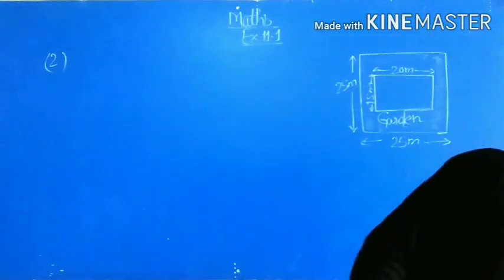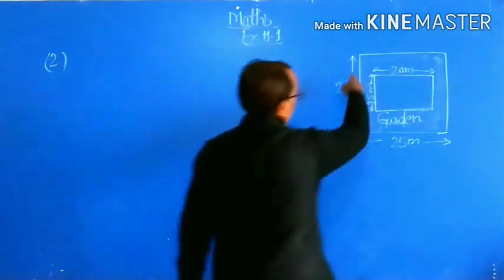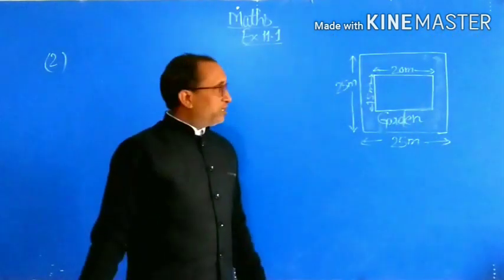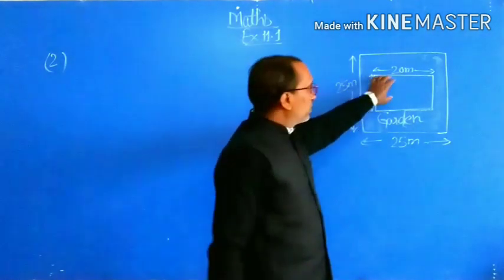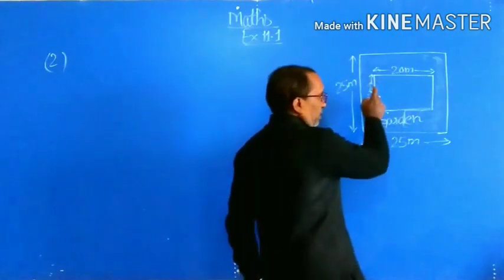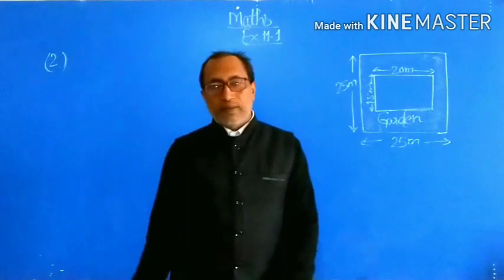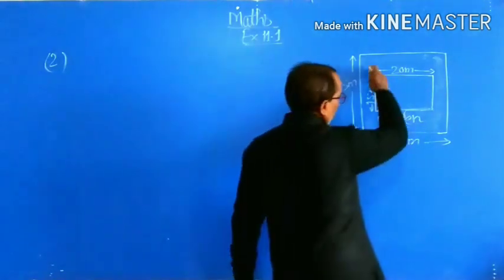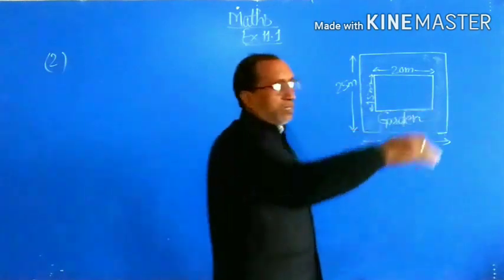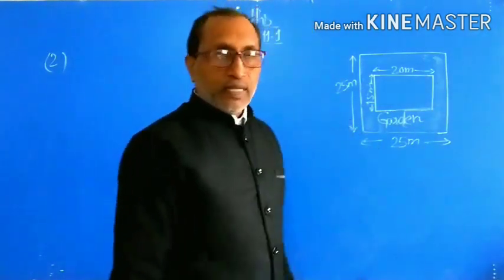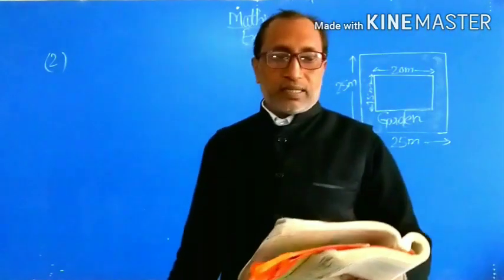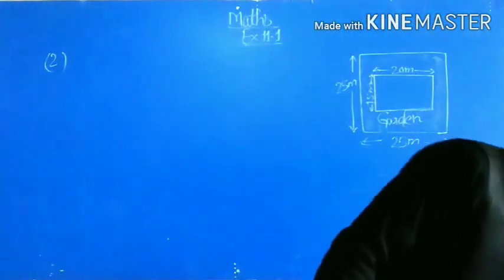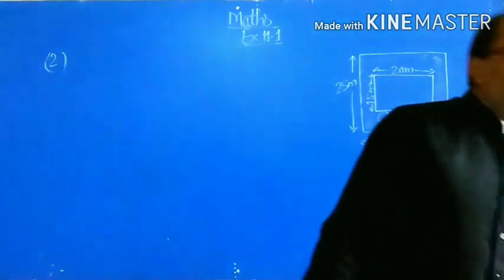In this question, this is a square plot in which Kaushik wants to construct a house whose measurement is 20 meter by 50 meter, and around the house he wants to develop a garden, and the rate of developing the garden is 55 per meter square. Then find out the cost of developing the garden around the house.